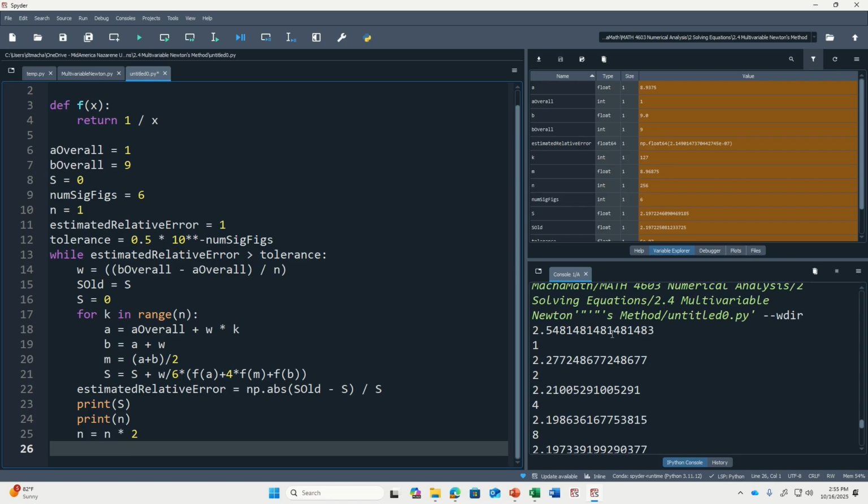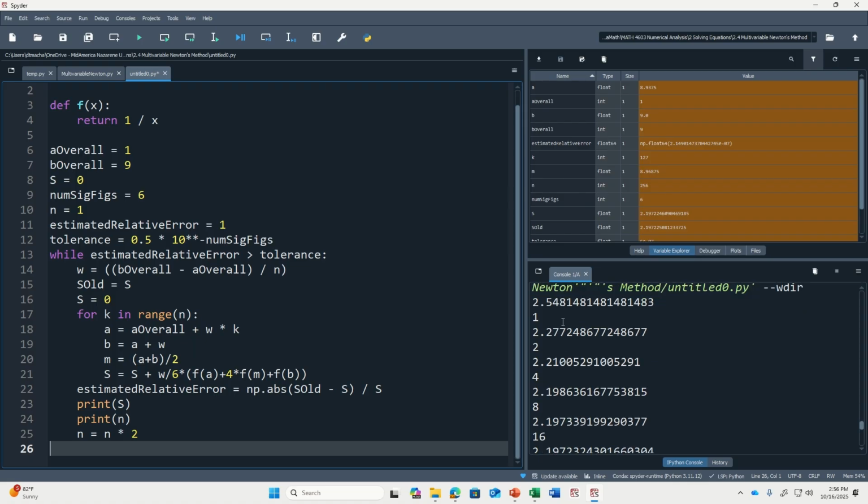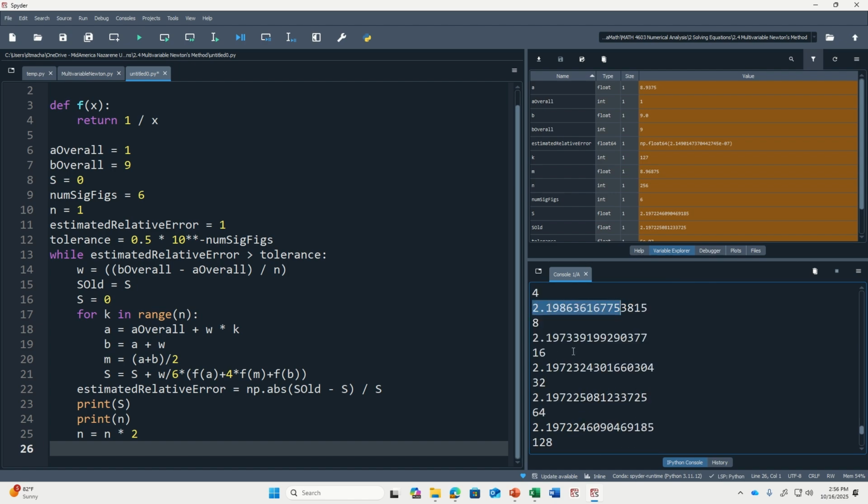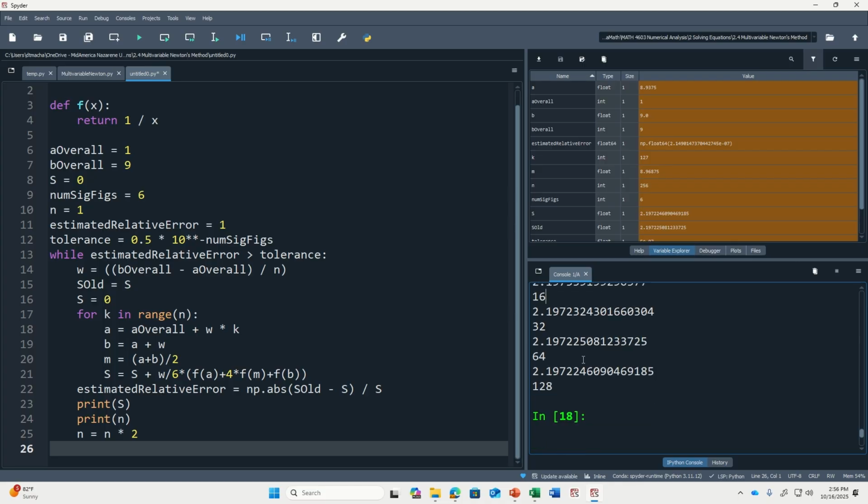So with one subinterval, it gave me the answer 2.548. So Simpson's rule didn't really do that great with just one interval from 1 to 9. When we split it up into 2 subintervals, it got the answer 2.277, and then 2.21, 2.198, and you can see it getting better.